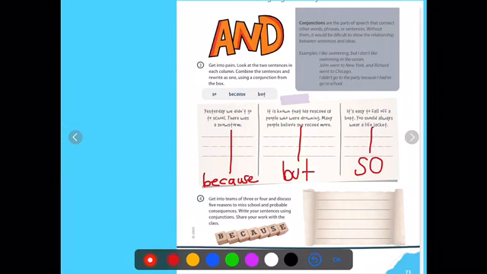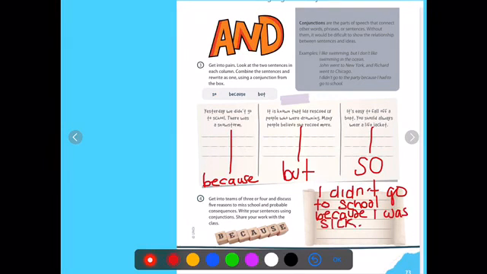Now, get into teams of 3 or 4 and discuss 5 reasons to miss school and probable consequences. Okay? I didn't go to school because I was sick. I'm giving you guys a reason why I didn't go to school.